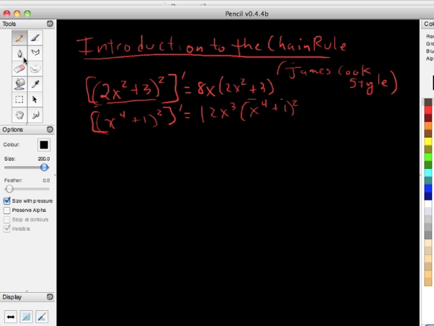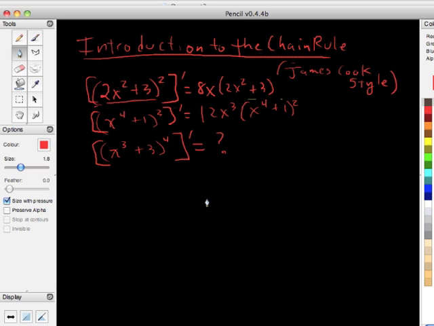Can we guess what (x to the 3rd plus 3), that whole thing to the 4th, prime would be? What would we guess that would be? And that is the essential question.